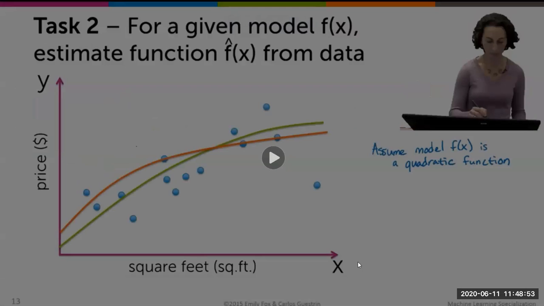What machine learning algorithms have we talked about so far in our class? J48. What else? 1R. 0R. Naive Bayes. Okay, that's enough.